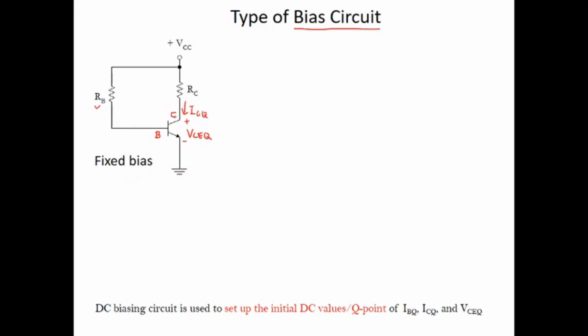The collector is applied voltage VCC, and then there is a current limiter resistor called RC. This is the simple fixed bias circuit.